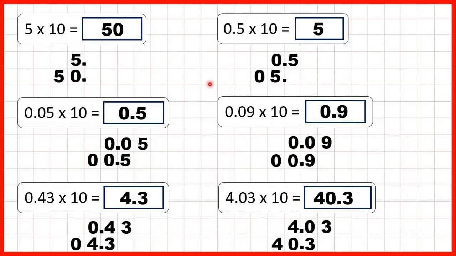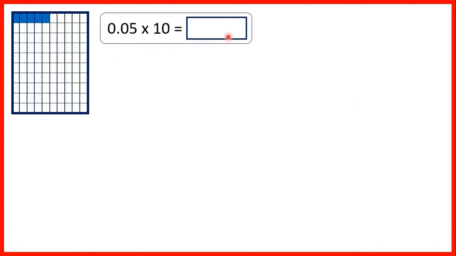So let's have a look at some of the questions that we did. We had 0.05 times 10. And we know that the second digit after the decimal point is our hundredths digit. So to show 0.05, we can show 5 hundredths, or 5 parts out of 100, on this rectangle.